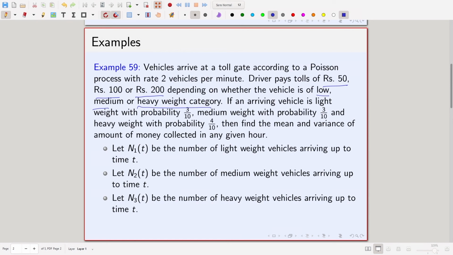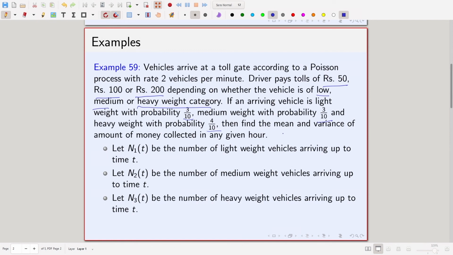Now, if an arriving vehicle is lightweight with probability 3 by 10, medium weight with probability 3 by 10 and heavyweight with probability 4 by 10, then find the mean and variance of the amount of money collected in any given hour.